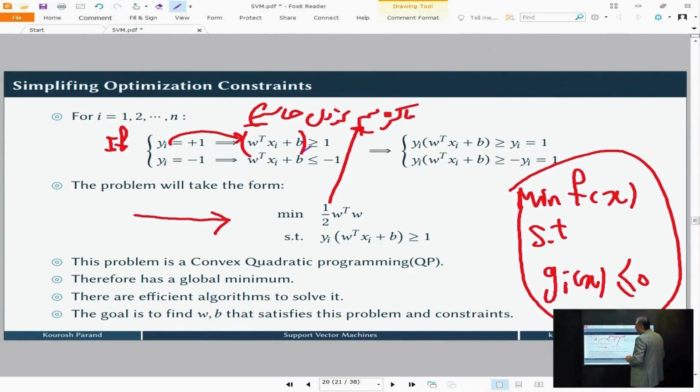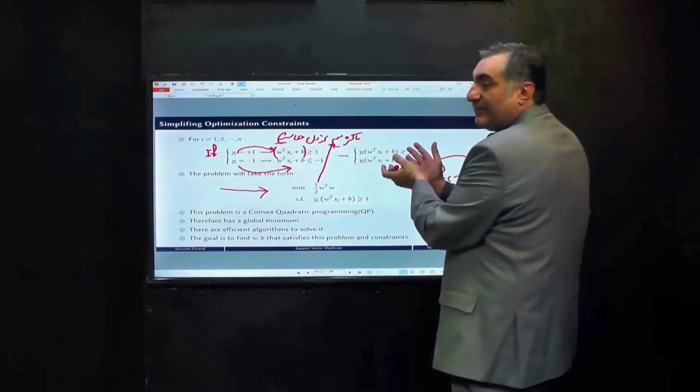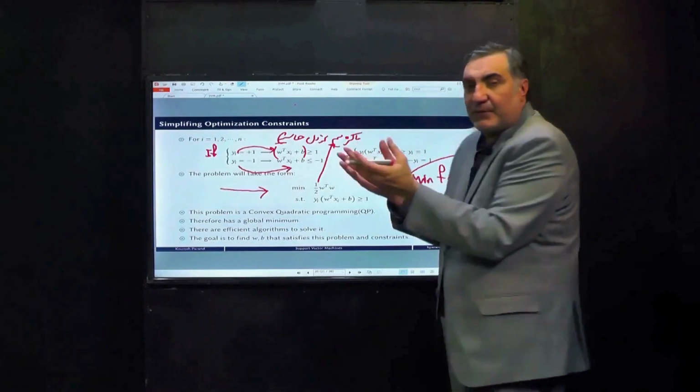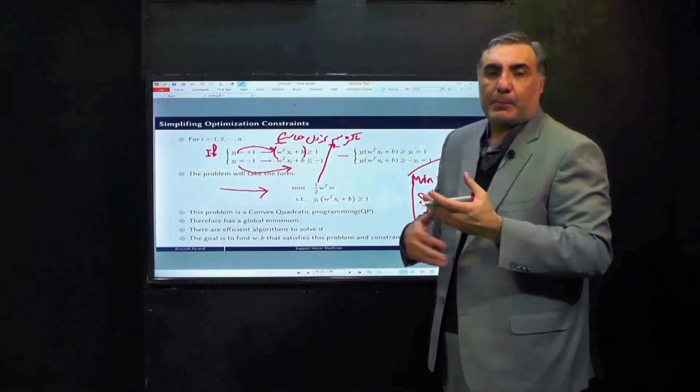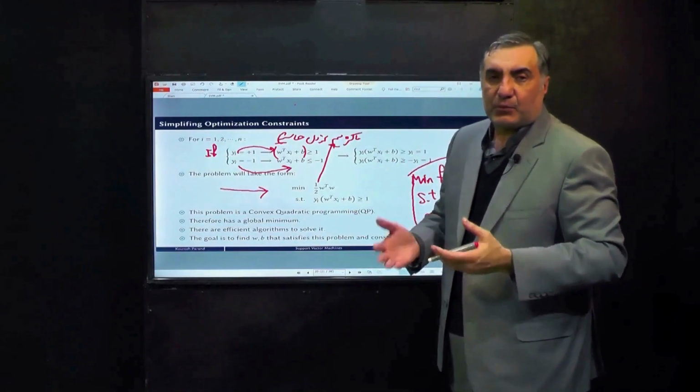Alright, so should we multiply from this side too? Let's see what happens. The main goal is this: how can we turn two sets of constraints into a single set of constraints, somehow combining them?